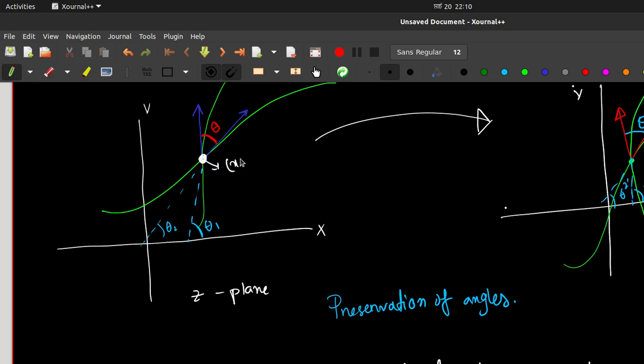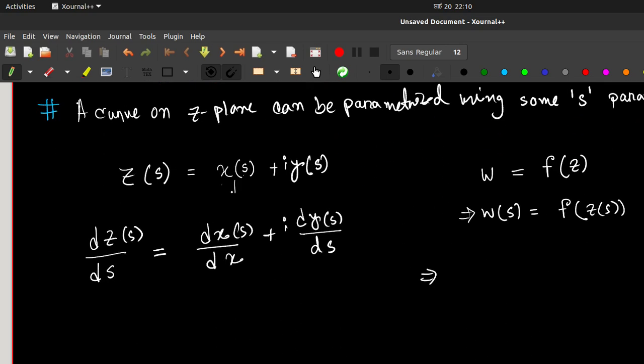This point x0 y0 would correspond to some s0. So we take the derivative of w with respect to s at the parameter point s0.